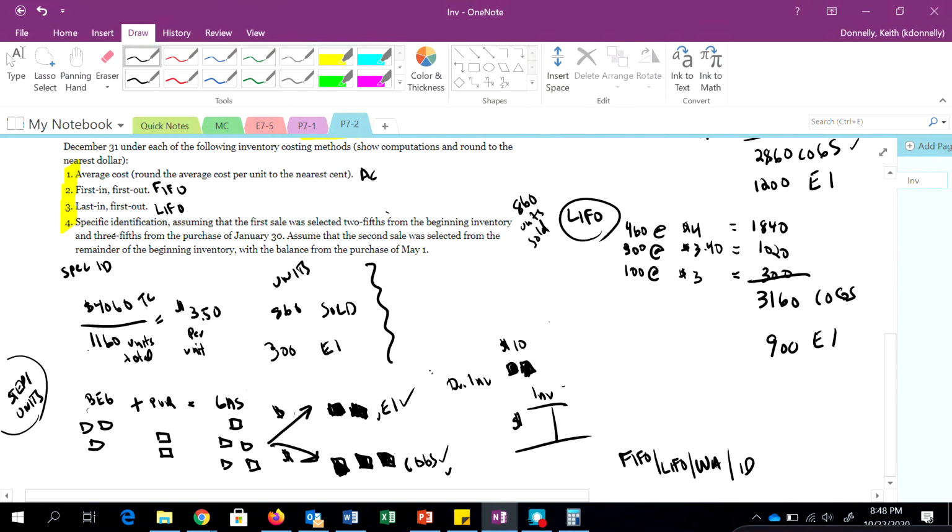We said our total cost for all of these was $4,060 for 1160 units. That's $3.50 per unit on average. We know we sold 860. So for calculating cost of goods sold under the average cost method, 860 times $3.50 per unit.